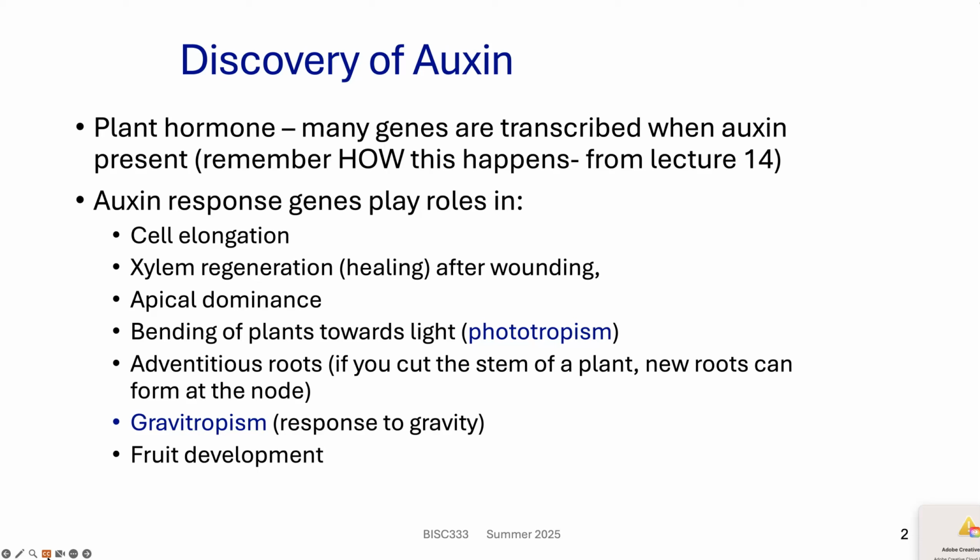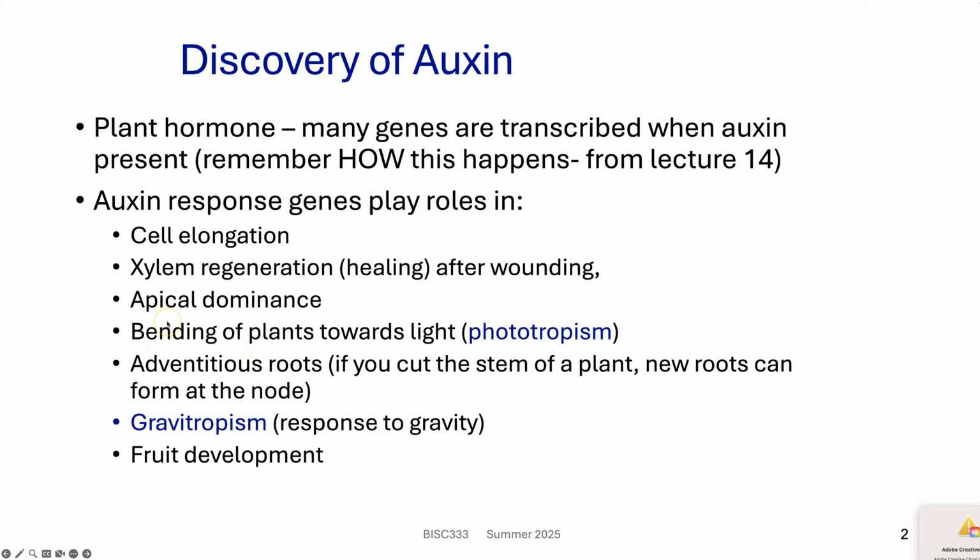And auxin plays roles in the elongation of cells. You can cause a stem or a root to bend by lengthening the cells on one side and leaving them the same size on the other side, and that will cause a bending towards the shorter side. Regeneration of some conductive tissue after wounding.